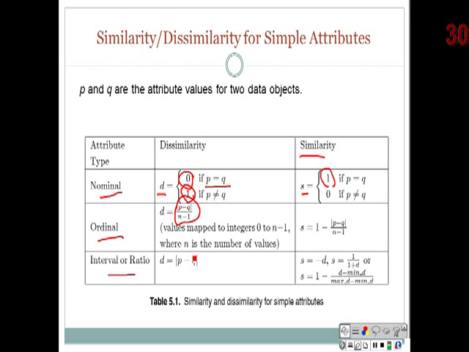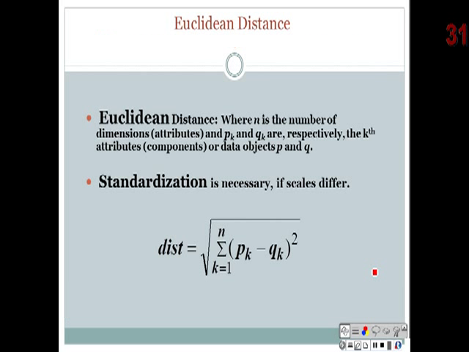For the interval, you can use just the absolute value of the first object minus the second object, or another kind of normalization. It's up to you which one of those you use. And it's built in, we're not going to use it manually, we're going to see it in our applications.